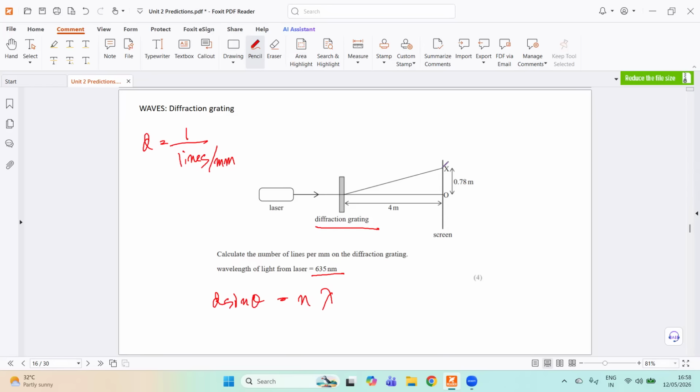Okay, for example, if this is the first order of maximum, the value of n is 1. But if this is the second order of maximum, this would be 2. And sine theta, theta is this, everybody. Okay, the angle that these two lines subtend.